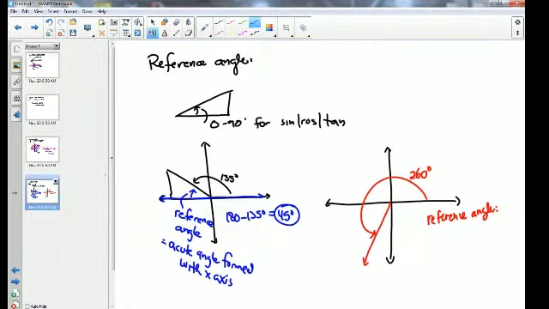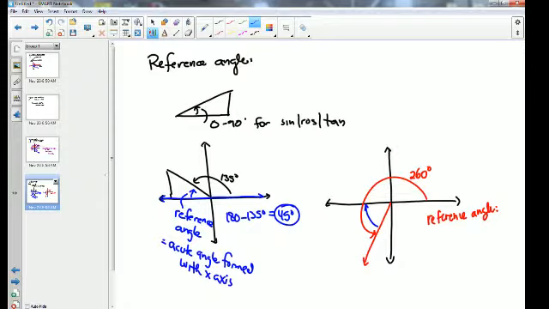Where are we closest? We're closest to this part of the x-axis, right? So this is your reference angle right here. It's acute. We do not want to use this one because it's obtuse. Are you always going to be going from the x-axis? Yes, it's always referenced on the closest part of the x-axis.